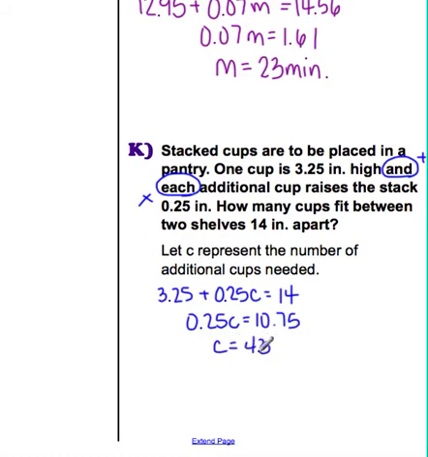However, if you take that 43, you'll notice that is the number of cups that add the 1/4 inch. But we have that first 3 1/4 inches, and so we have to factor that in. So this is 43 additional cups that are going to be needed to fit in that 14-inch shelf.